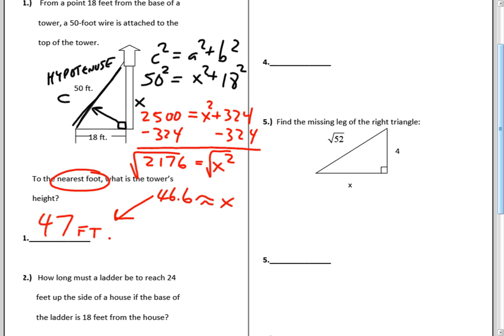Check and see. Did you get a point taken off because you didn't round? If you got the 2176, you probably got partial credit. Check and see where you went wrong. Nearest foot, we want to this place, no decimals. Most of the mistakes I saw were fixable.